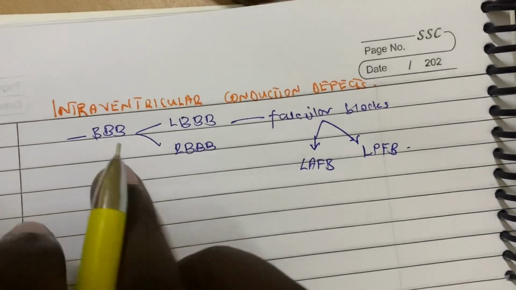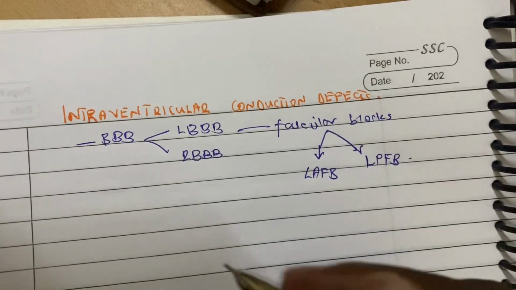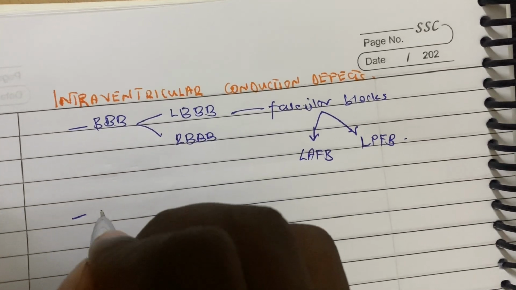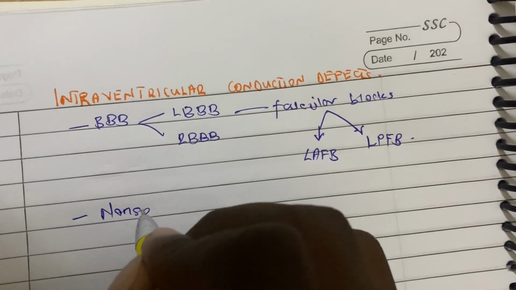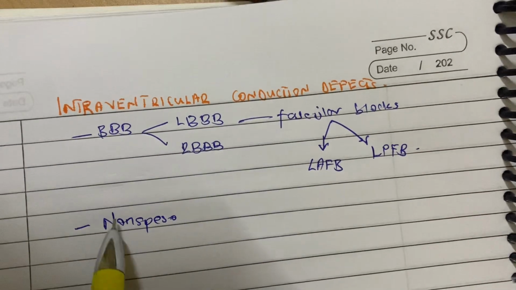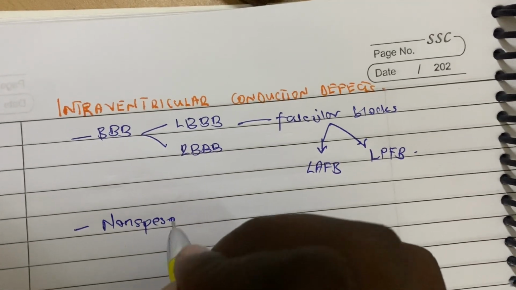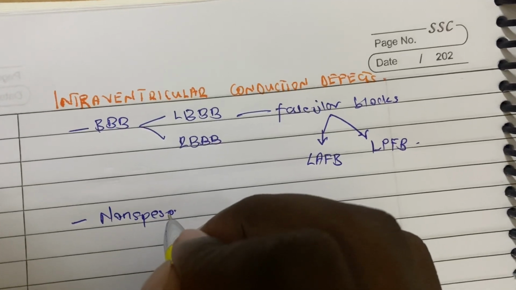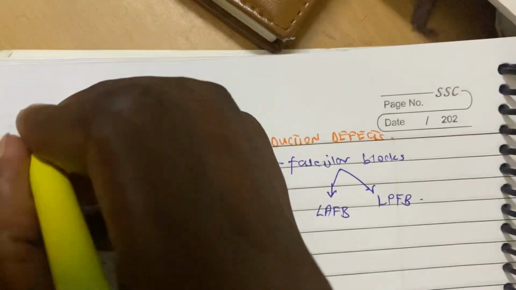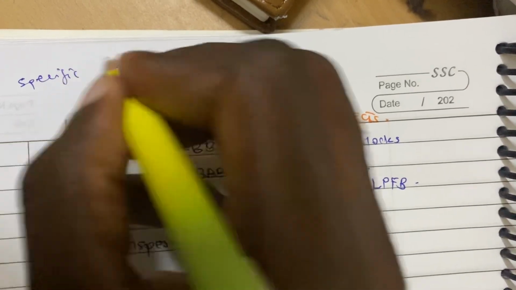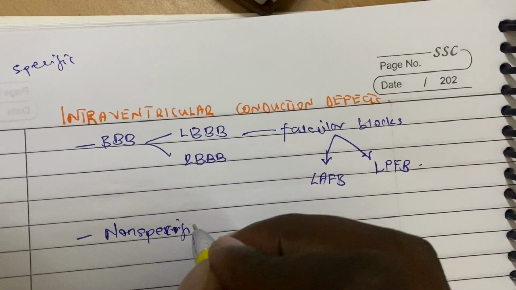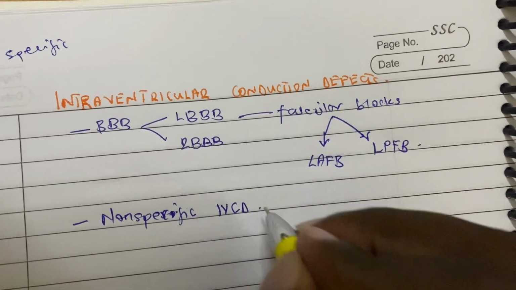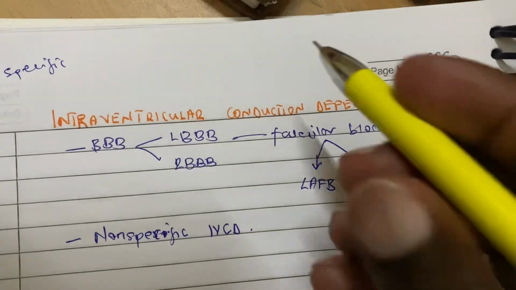And then from bundle branch block we are going to go to non-specific intraventricular conduction defects.